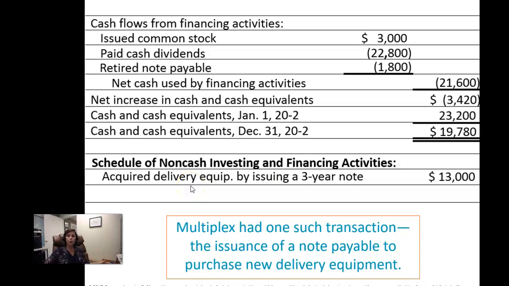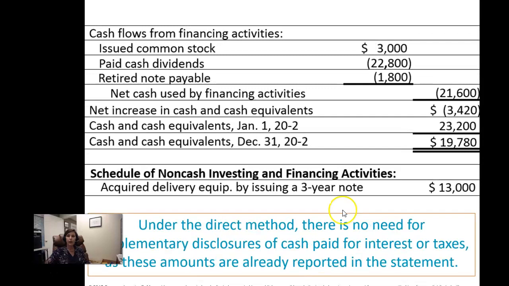We need to also report significant non-cash investing and financing activities. So we included here that we acquired delivery equipment by issuing a 3-year note. This is something that isn't going to be calculated in here. It is a disclosure that we are making at the bottom of our statement of cash flows.